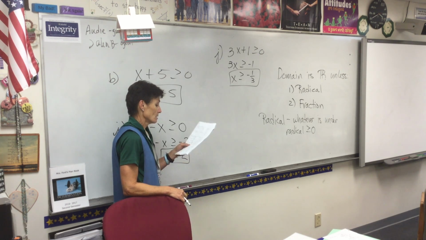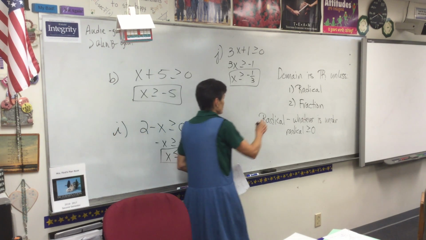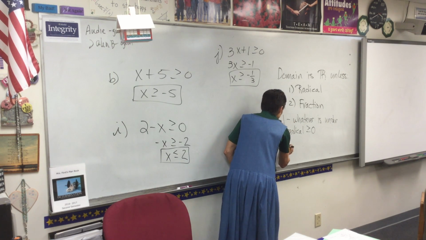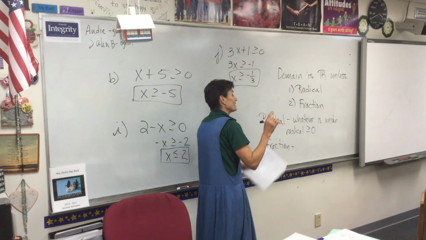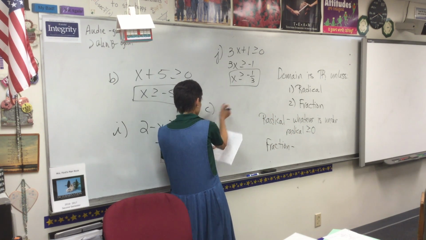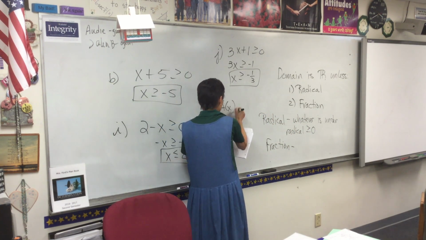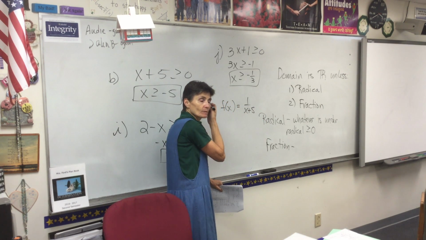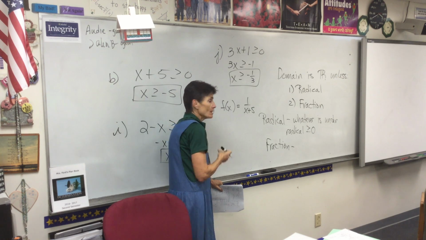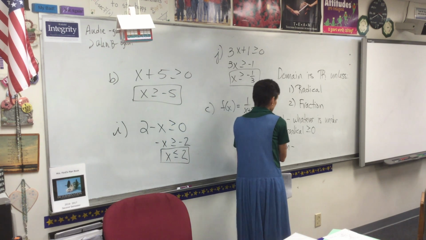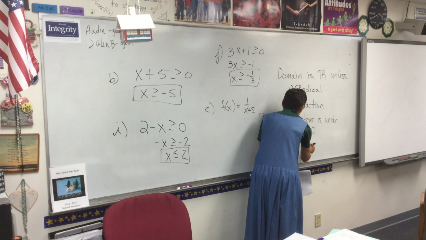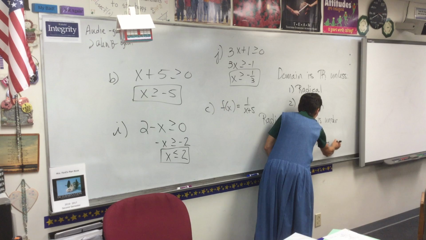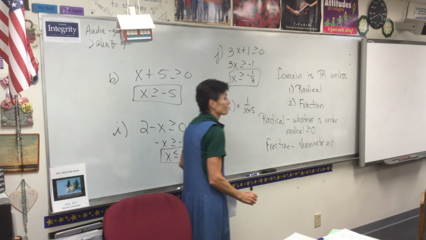Now, the other issue is if you have a fraction. So what is the restriction if you have a fraction? I'm talking about a problem like C, which is 1 over x plus 5. That's a fraction in the problem. The rule for that is the denominator, whatever the denominator of the fraction is, cannot equal 0.